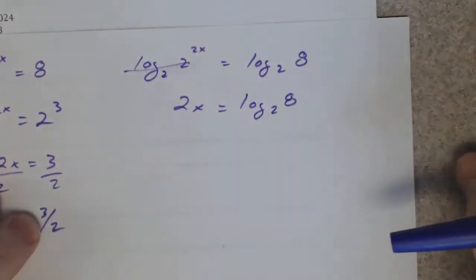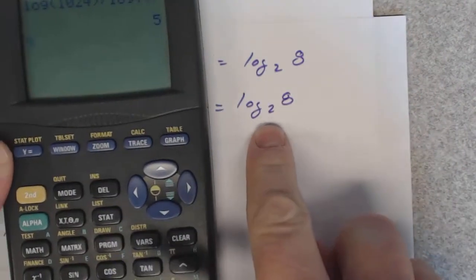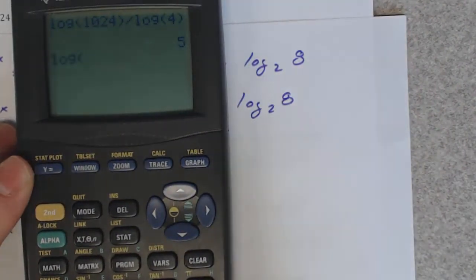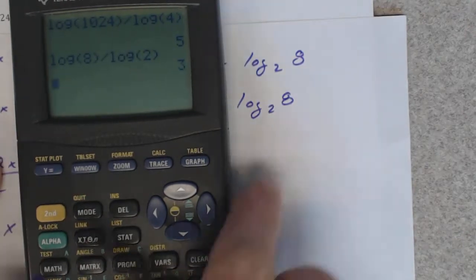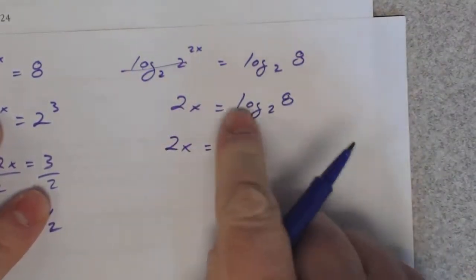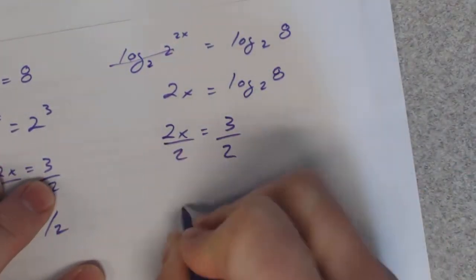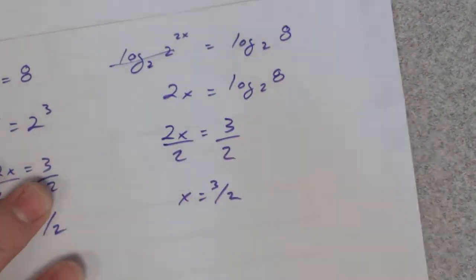So what is log base 2 of 8? Well, log base 2 of 8 would be log 8 divided by log 2 if you have to use your whole calculator here. It's 3. So that is 3. All right, it's 2 to what power gives you 8? Well, 3 does. Now, divide both sides by 2, x equals 3/2.